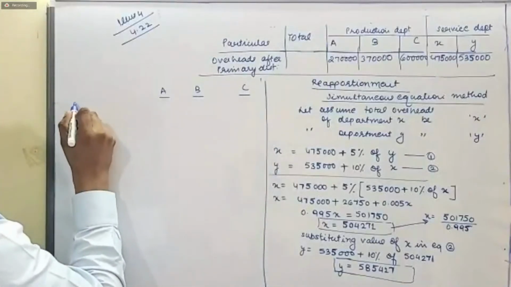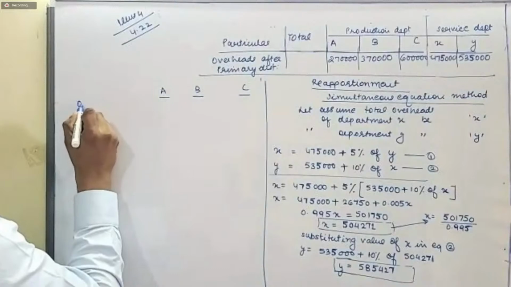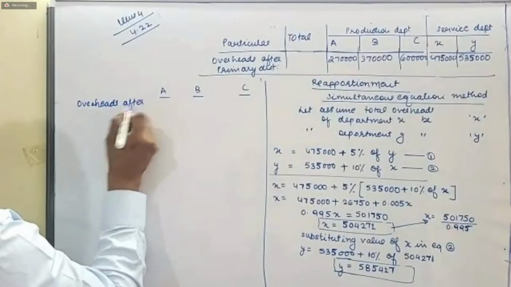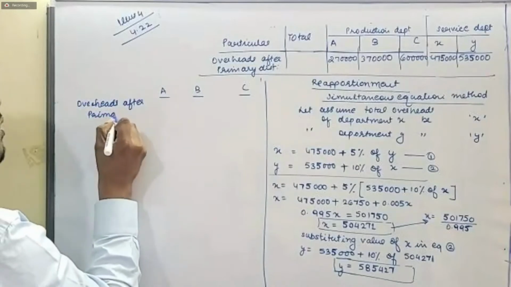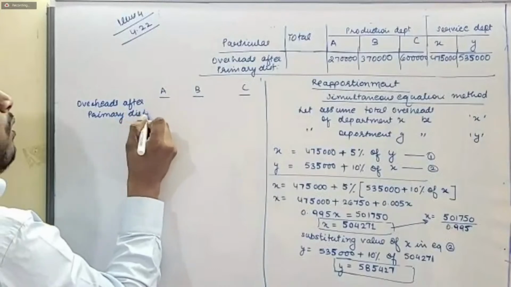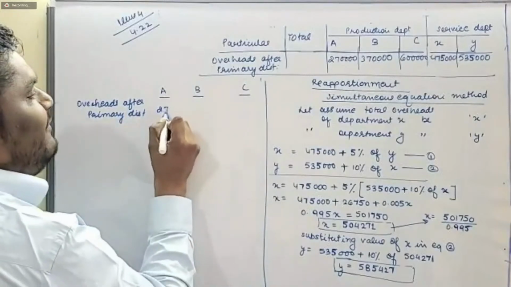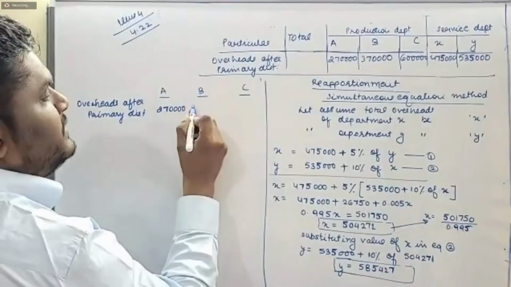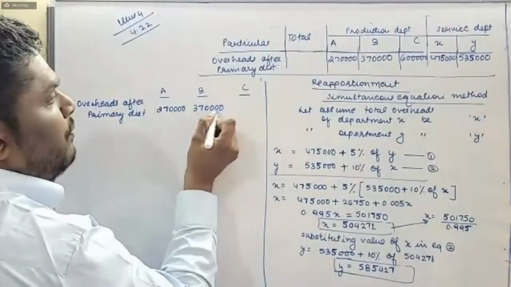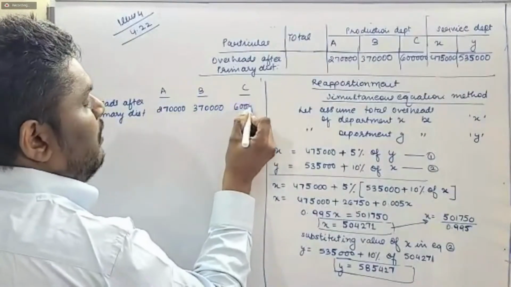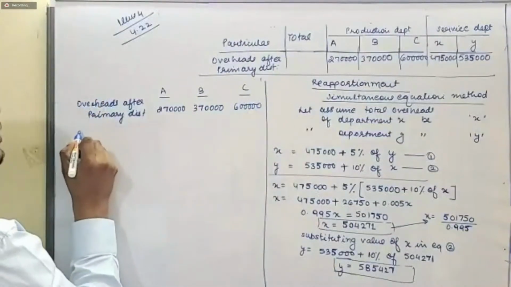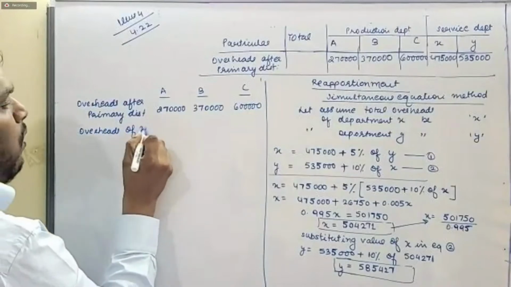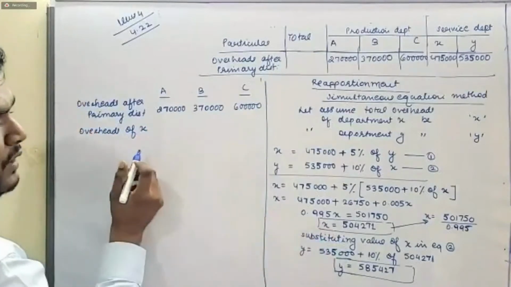So after primary distribution, that is 2,70,000, this is 3,70,000, and this is 6 lakh. Now let's distribute the overheads of X. The total amount is 5,04,271.